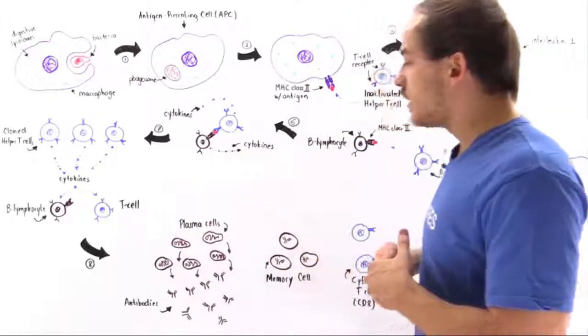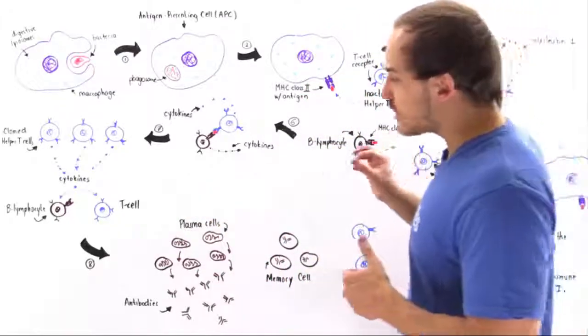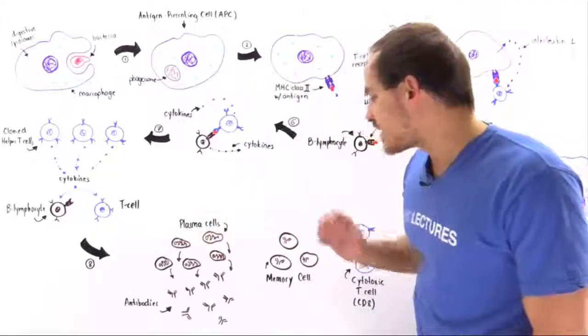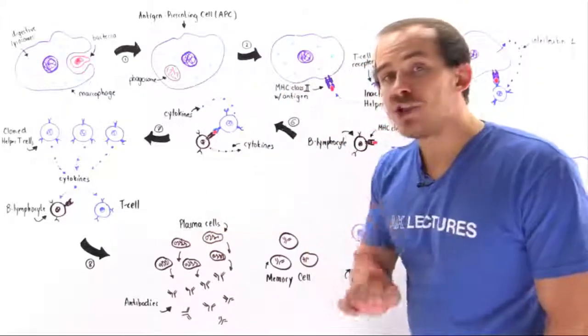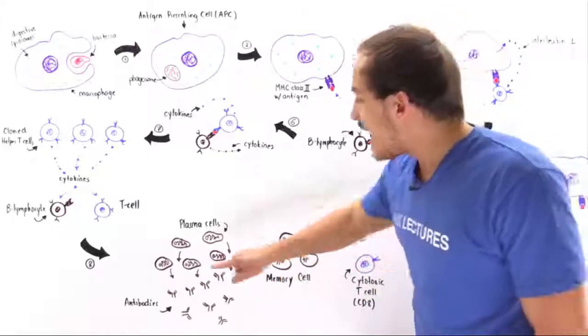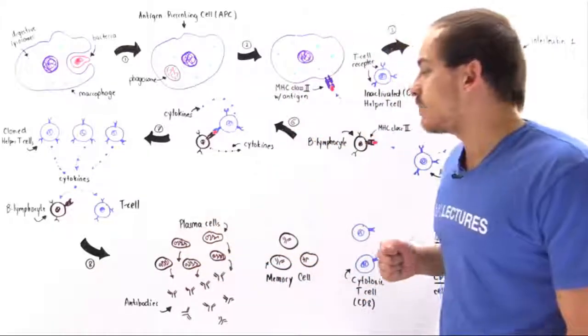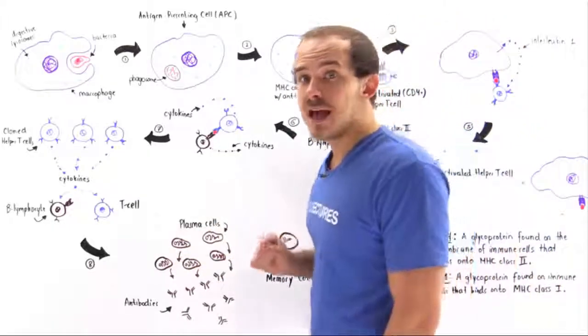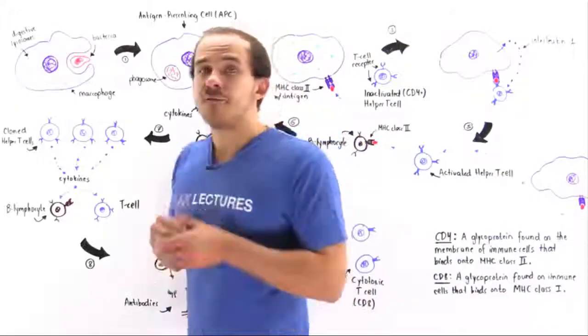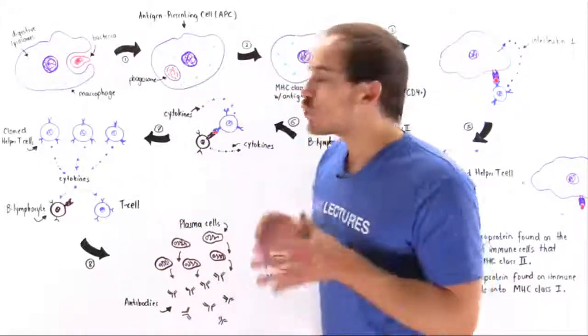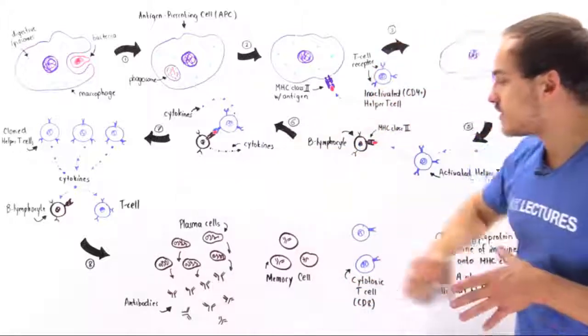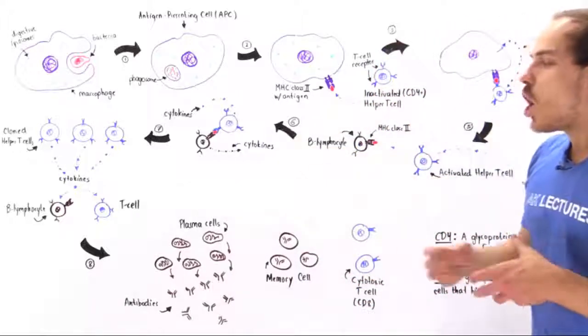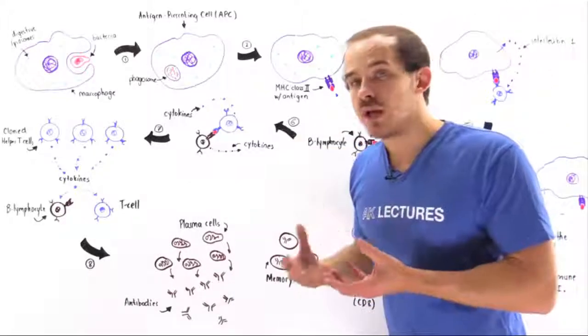So let's take a look at these plasma cells. These plasma cells have very extensive endoplasmic reticulum, as seen in the following diagram. And that's because their function is to form antibodies. So remember, the plasma cells and the memory B cells are part of the humoral immunity.